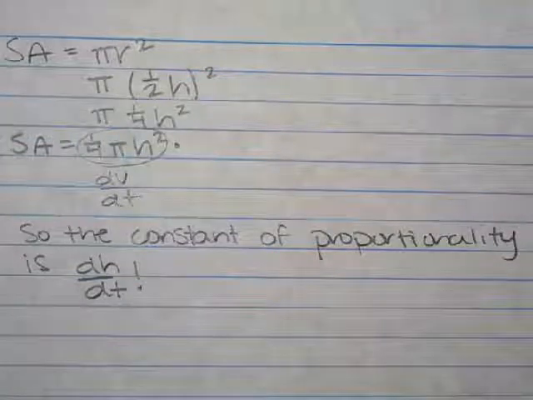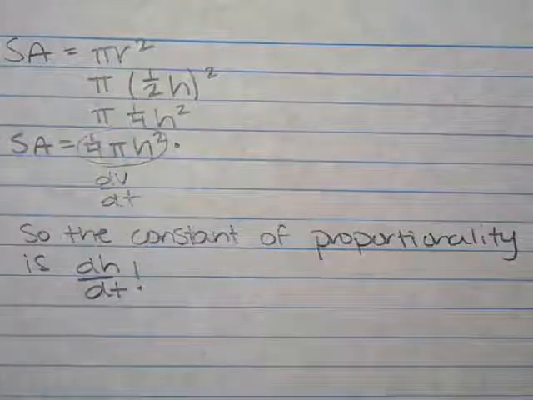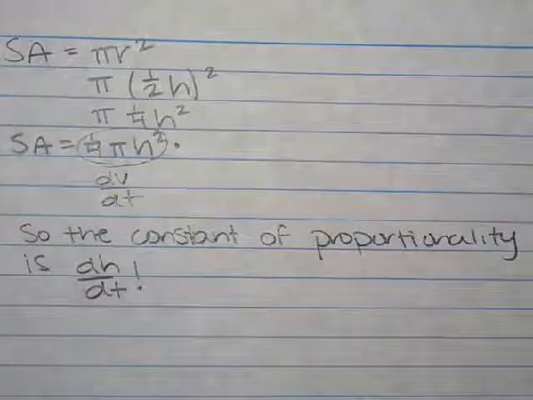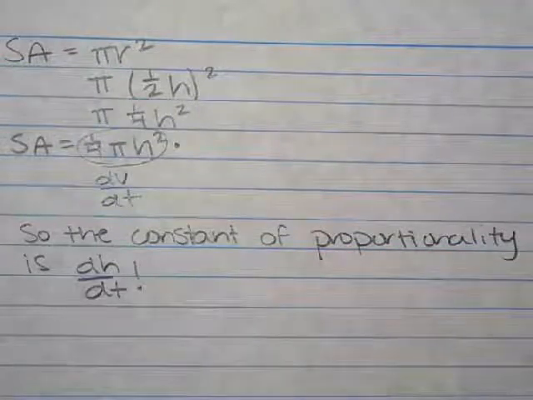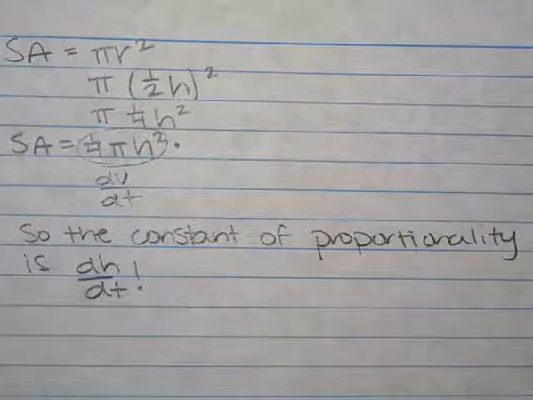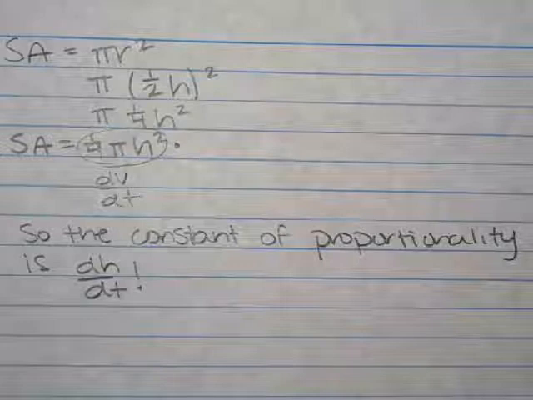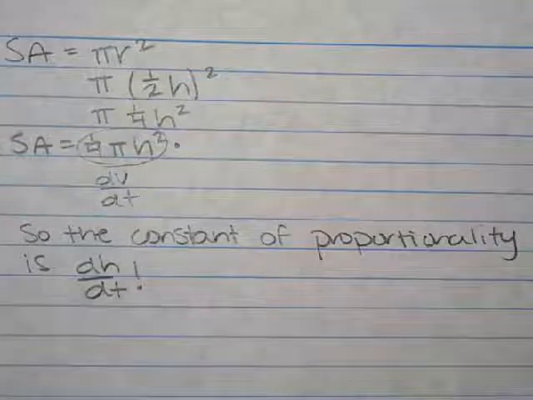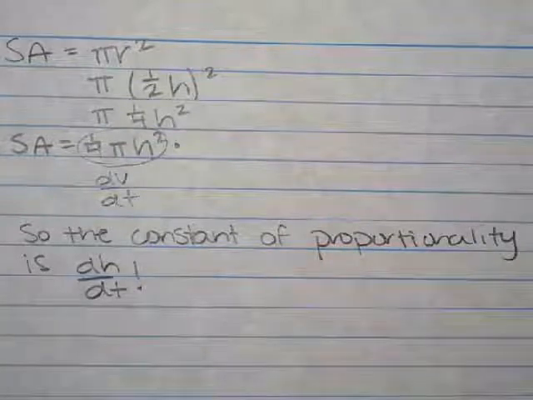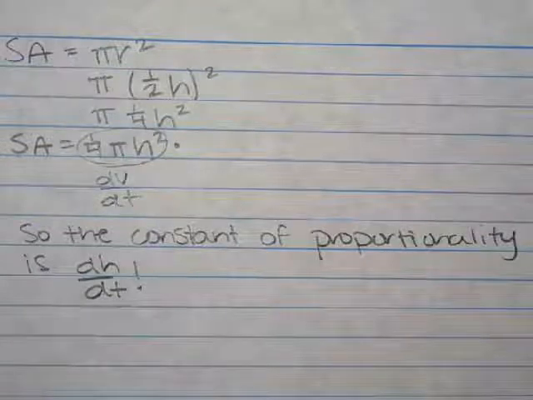X cubed goes to x squared goes to x. When you take your derivatives, they always drop the exponent by 1. And that relationship holds true when you're doing these application problems too: if you start with a volume, the derivative of a volume goes to an area because it goes from x cubed to x squared. And then the derivative of an area goes to a length.